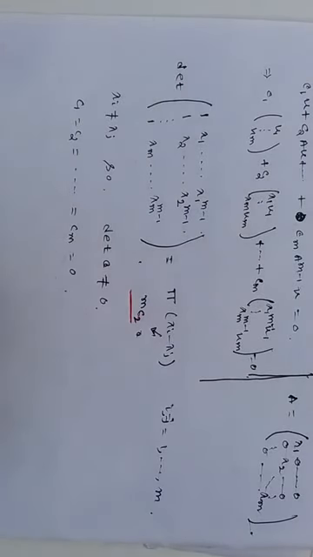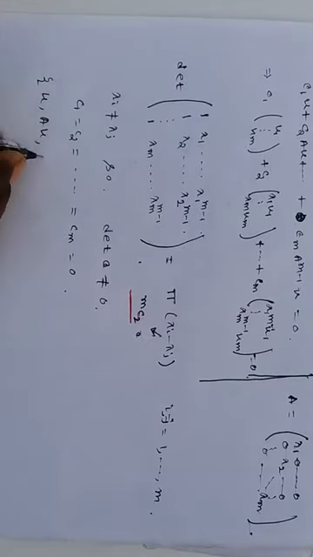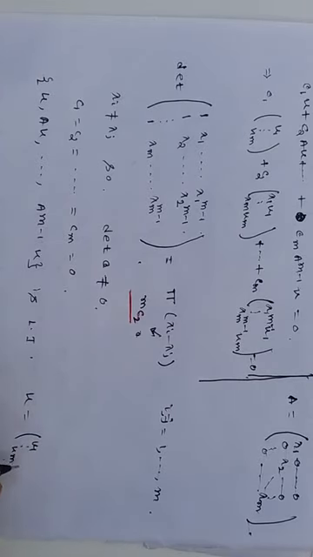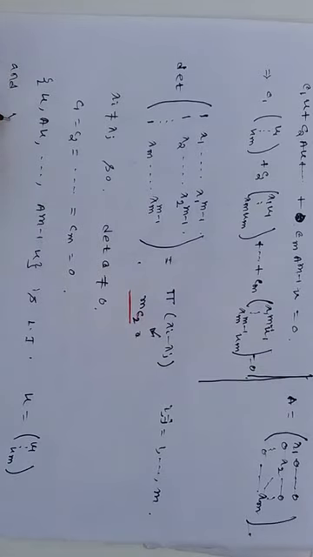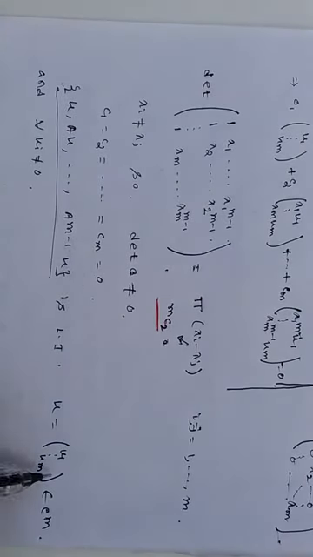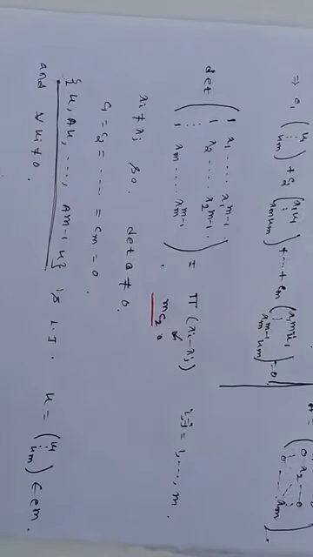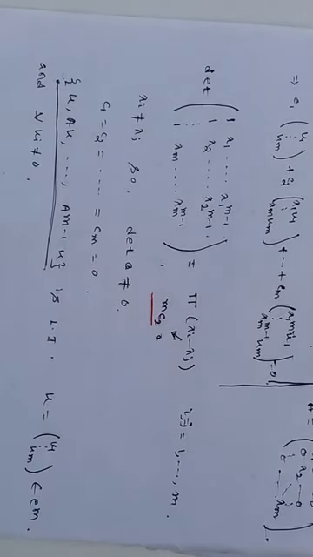So by Cramer's rule, C1, C2, ..., Cm are also 0, and for this reason U, AU, ..., A to the power m minus 1 U is linearly independent when we choose U equal to (U1, ..., Um), for the choice of U1, U2, ..., Um such that all Ui are not equal to 0, and you can easily choose such a column vector in C^m.